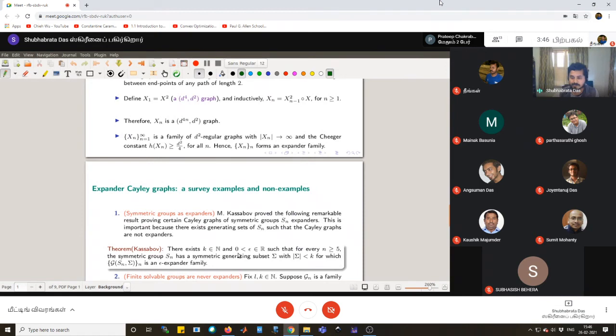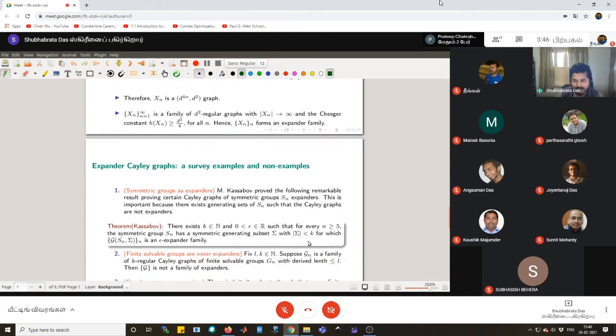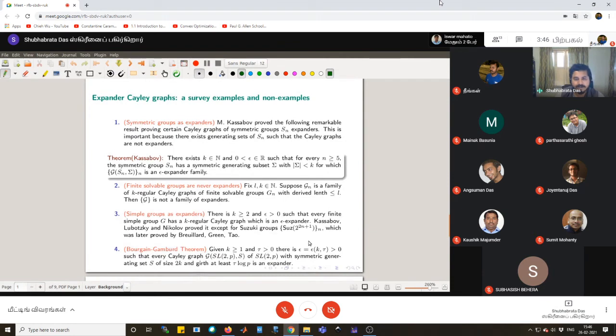So in that sense, Kassabov's result is quite striking: for a sequence of symmetric groups, you can actually cook up a symmetric generating set for which it satisfies the definition of an expander family, but there is another generating set for which it does not. So that is quite striking, and there are other examples like it.